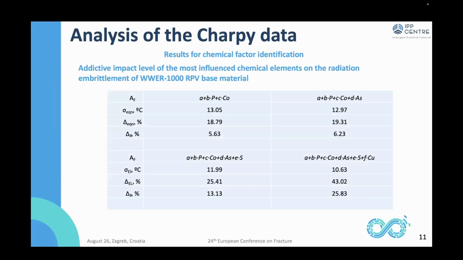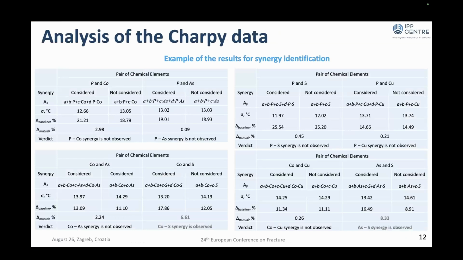Next, we define the common influence of these elements. Then we investigated the possible synergy between these elements, and we obtained that only arsenic and silicon should be further investigated, and cobalt and sulfur also should be considered.